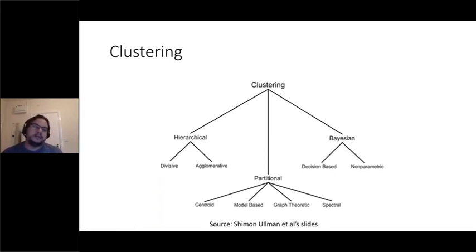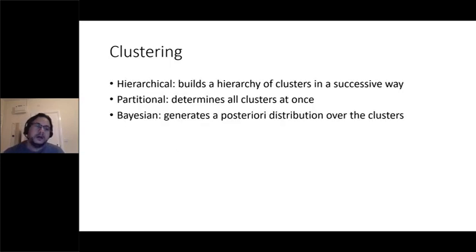It can be top down or bottom up. Partitional determines all clusters at once. It divides all the data points at once. And Bayesian generates a posteriori distribution over the clusters. It finds what probabilistic rule a particular cluster is following.